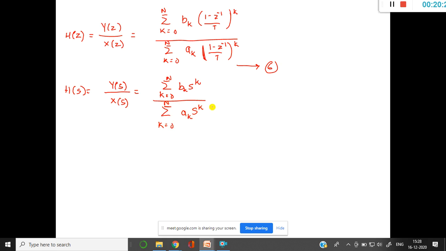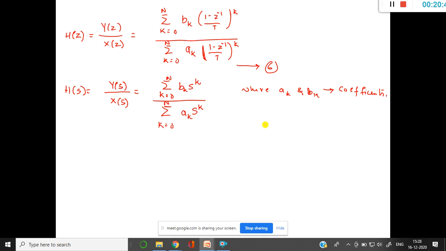So this is how it is going to be represented, where a_k and b_k are filter coefficients, or simply the coefficients. Fine.